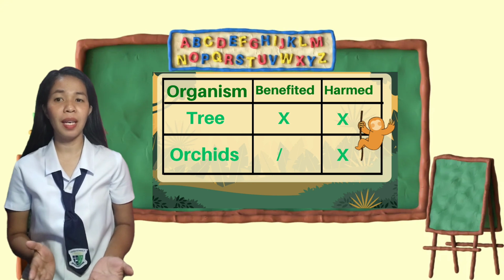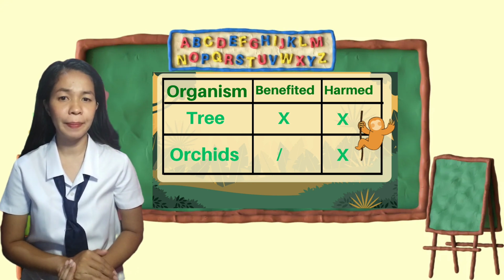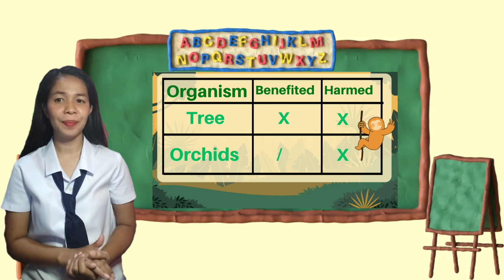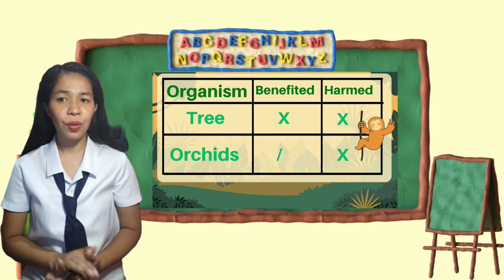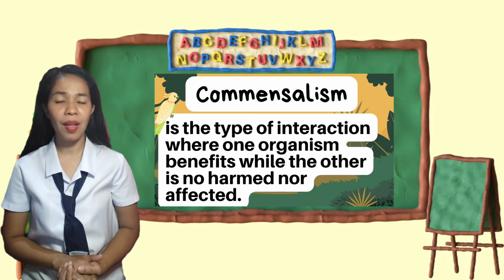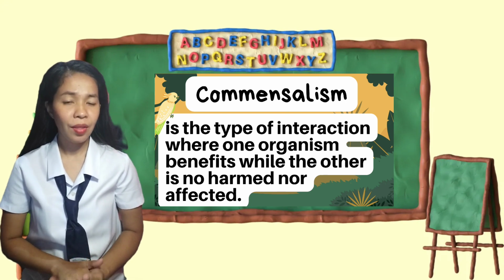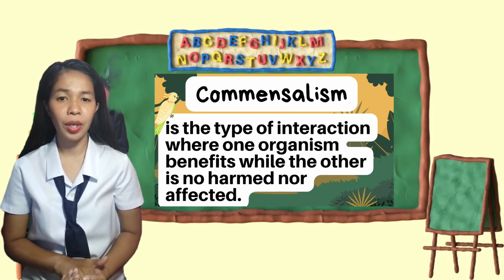So based from the data, anyone who could define commensalism? Yes, Daniela. Exactly. Good thinking, Daniela. Commensalism is the type of interaction where one organism benefits while the other is not harmed nor affected.